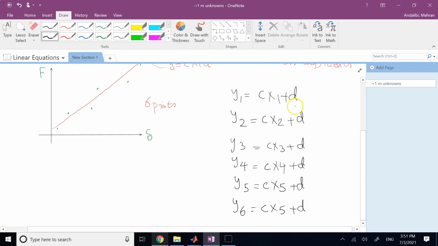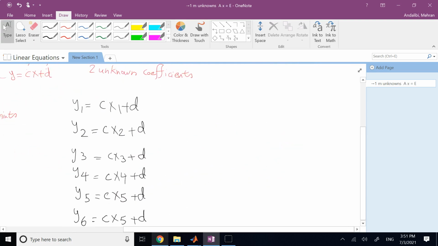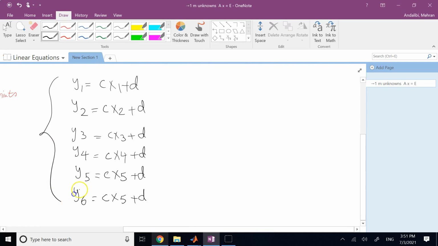Clearly, as I said, if you look, you have a set of linear equations. If you want, you can write this in the matrix format. So you can write it as the coefficient matrix with, as you can see, x1 and 1, then x2 and 1.